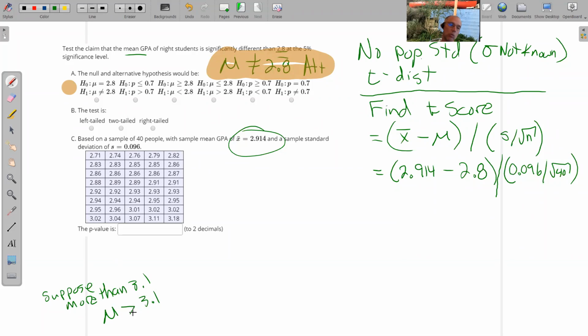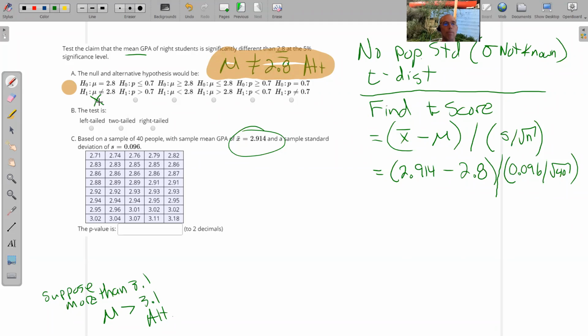Since there is not an equal in that statement right there, this would have to be the alternative, okay? And then there's a couple of options for the null. The null would either be equal to or less than or equal to. And different people take different poses on that based on the situation. So this one right here is the only one that works for me.